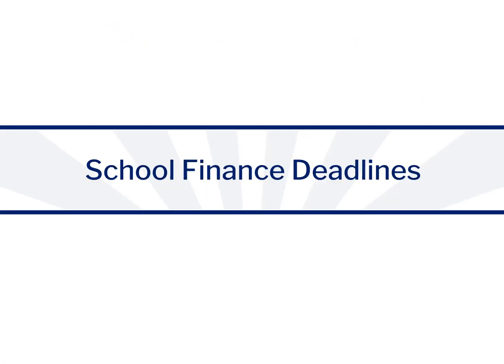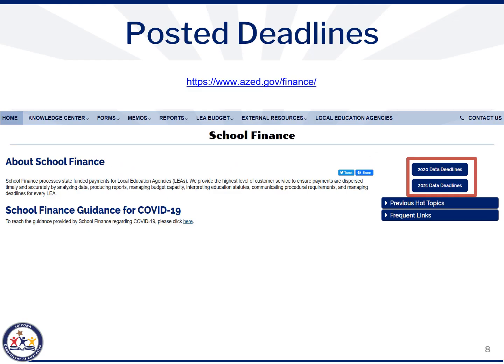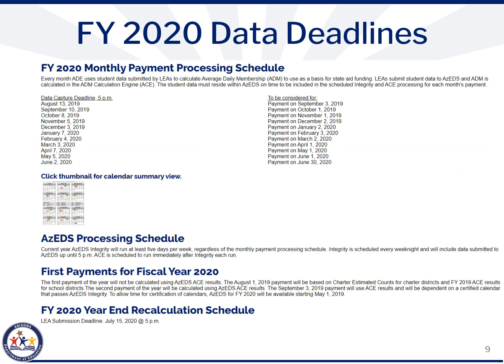School Finance Deadlines. On the School Finance page via azed.gov/finance, you'll see now that the data capture dates, or the data capture deadlines, have been posted for both fiscal year 20 and fiscal year 21. If you click on the link for the fiscal year 2020 deadlines, you'll see the monthly processing payment schedule as well as a link to a thumbnail for a calendar.